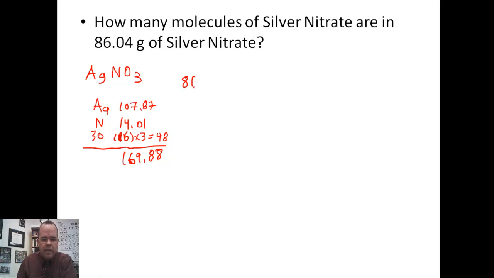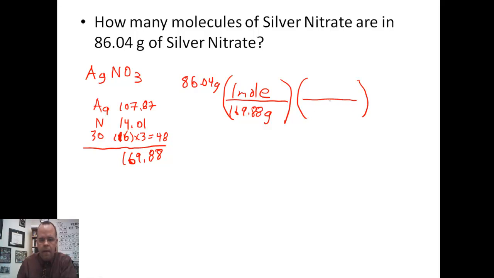So we're going to take 86.04 grams, 1 mole, moles goes on top, that's what we want to find. Grams goes on the bottom, that's what we want to cancel. And then 1 mole we want to cancel. 6.02 times 10 to the 23rd molecules.